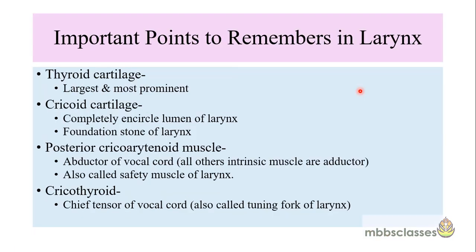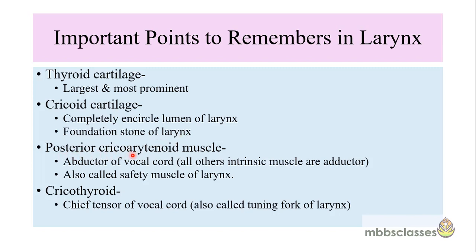So before we end, there are some important points to remember in the larynx. The thyroid cartilage is the largest and most prominent cartilage of the larynx. The cricoid cartilage completely encircles the larynx lumen and also gives the foundation stone of the larynx over which all the other cartilages are based.